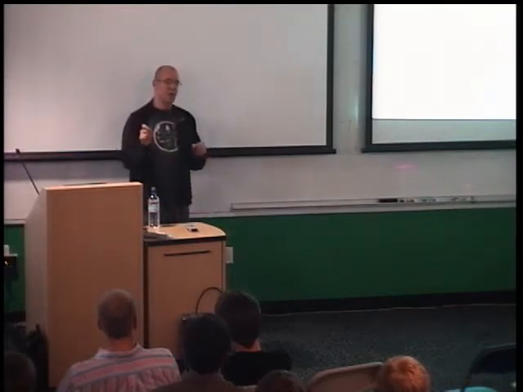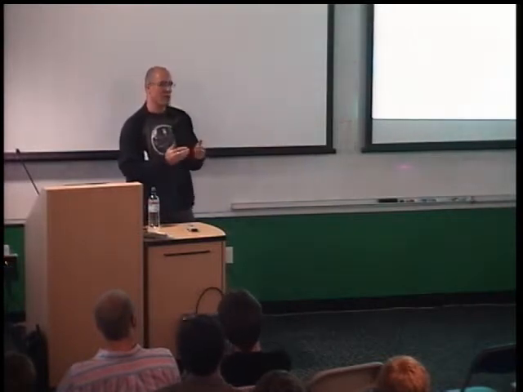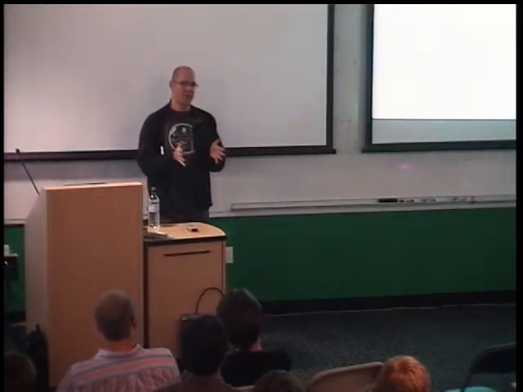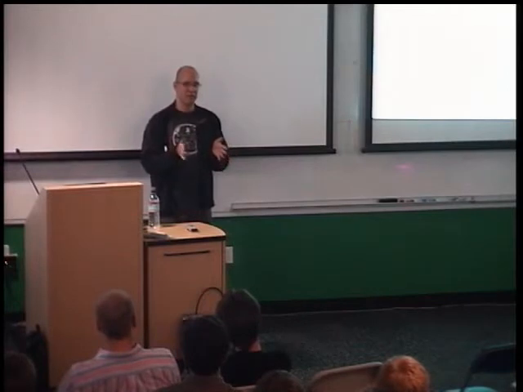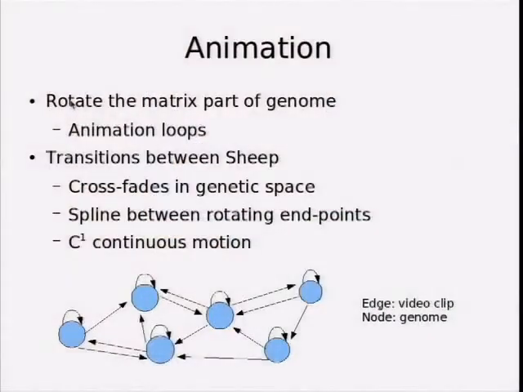And it uses splines in order to get C1 continuous motion, which means motion that doesn't have any jerks or jars in it, because it's possible to have continuous motion that still has an angle in it, and that feels unnatural. And the end result is that you can interpolate between any two genomes, but it actually can only render a few of them.